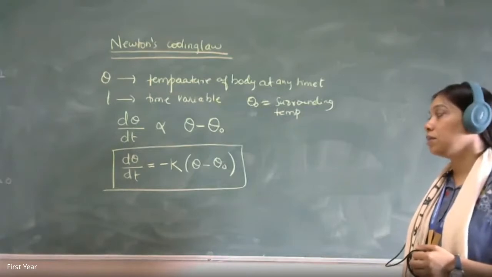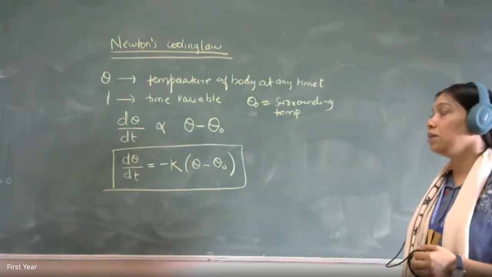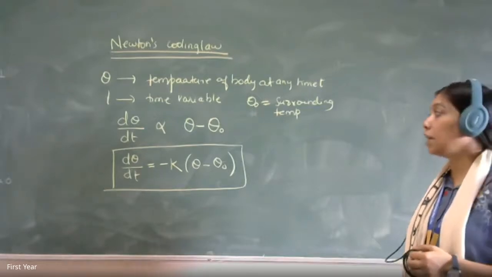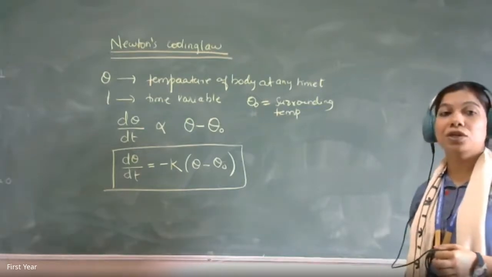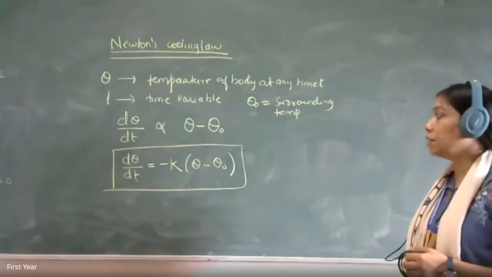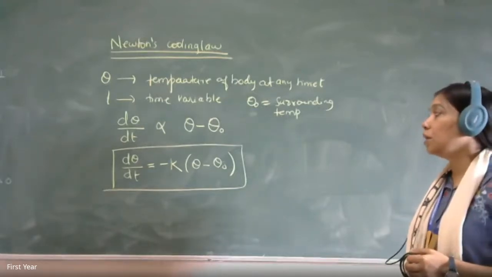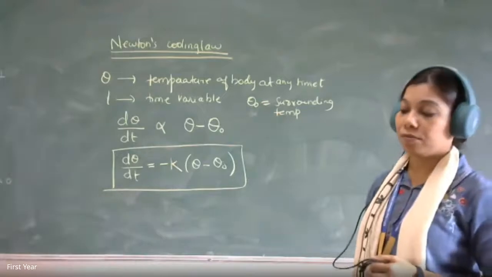That is, d theta by dt is directly proportional to theta minus theta naught.